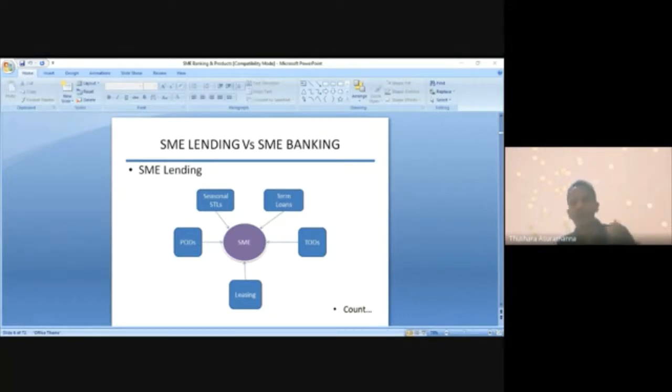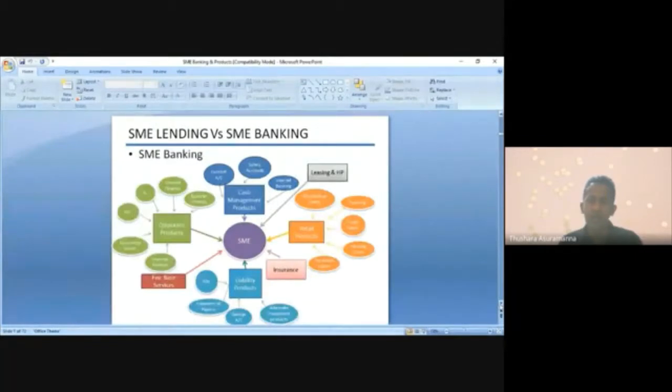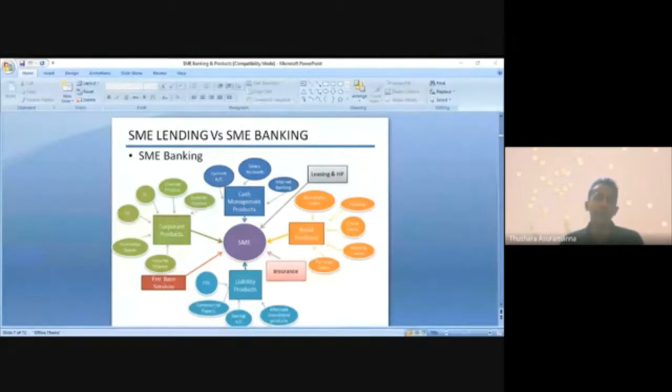But the other form of banking model is banking versus lending. Here you see the difference. Not only working capital, not only capital financing, you provide fee-based activities.